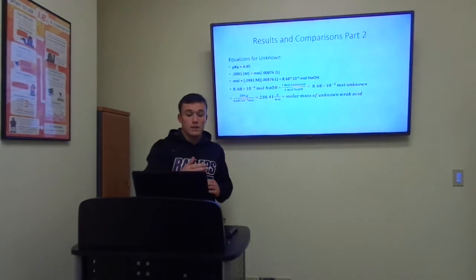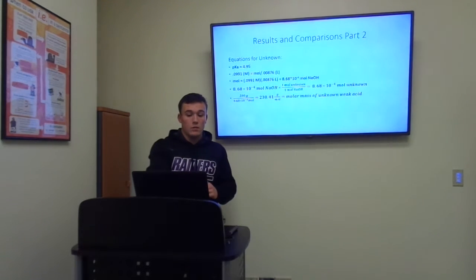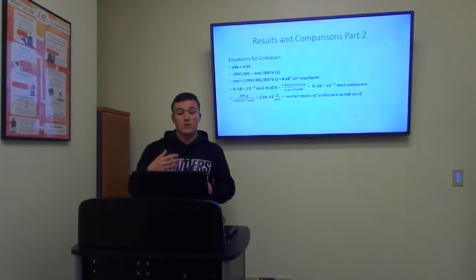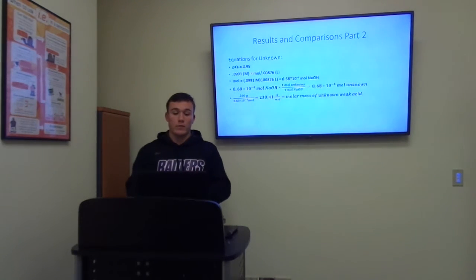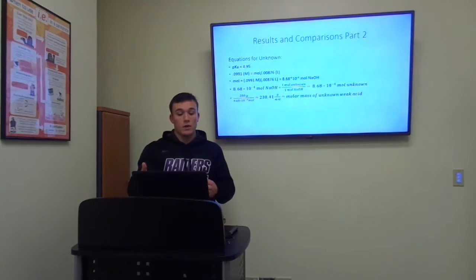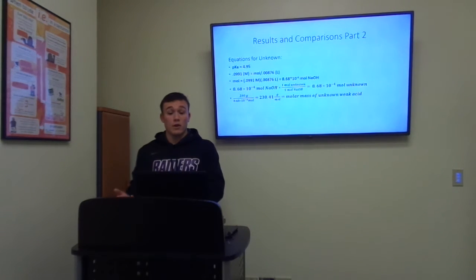And so we take the molarity times the liters to give ourselves the moles of sodium hydroxide. And then we take these moles to convert from the moles of NaOH to the moles of our unknown.